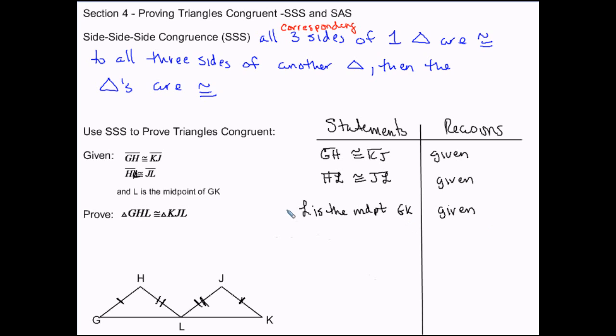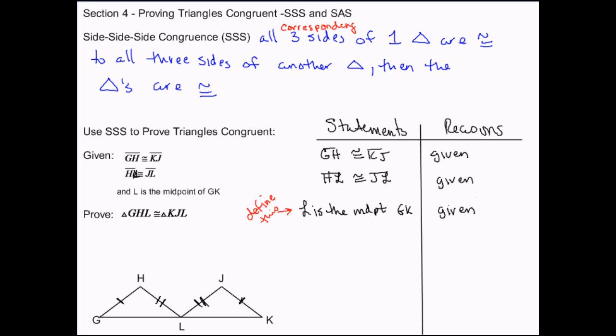And this is the key statement right here. L is a midpoint. We're going to have to define this. Because if you're told something like vertical angles, or if you're told bisector, or if you're told midpoint, or anything like that, the very next sentence is usually supposed to be, and that means this. And so we're going to say that.